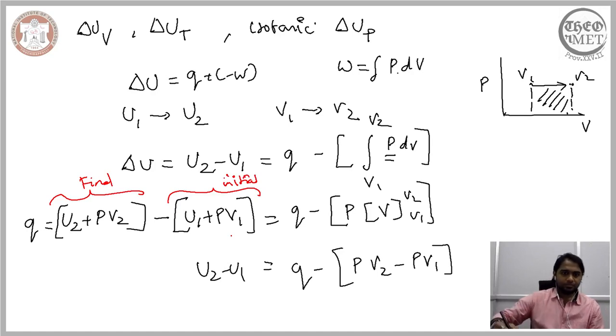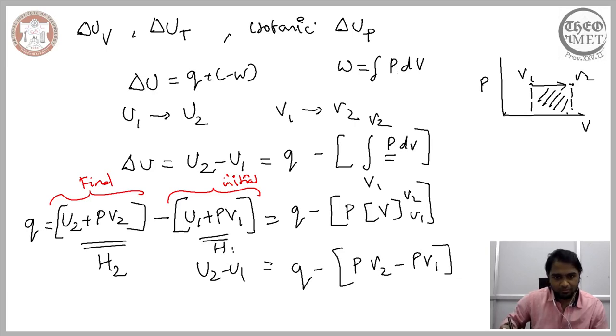Now these two terms can be referred to using a specific variable. Let us refer to them as H2 and H1. And ultimately then, the heat that is introduced or taken out of the system is nothing but the difference between these two variables.